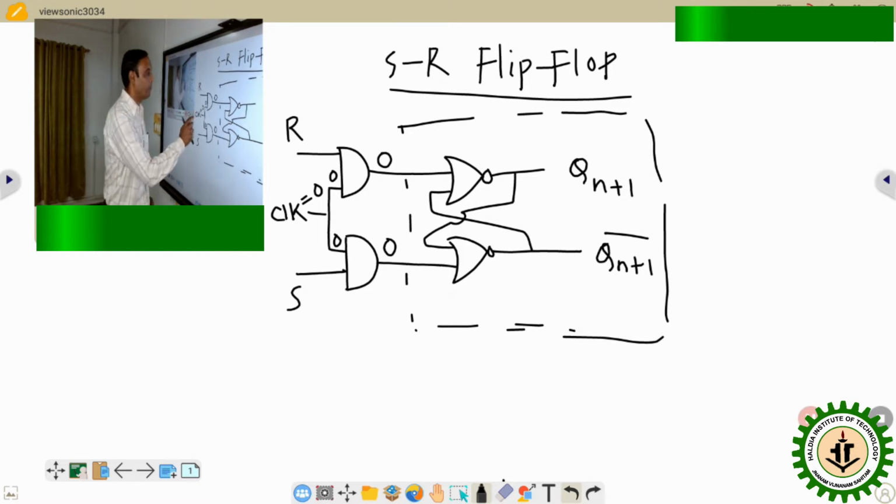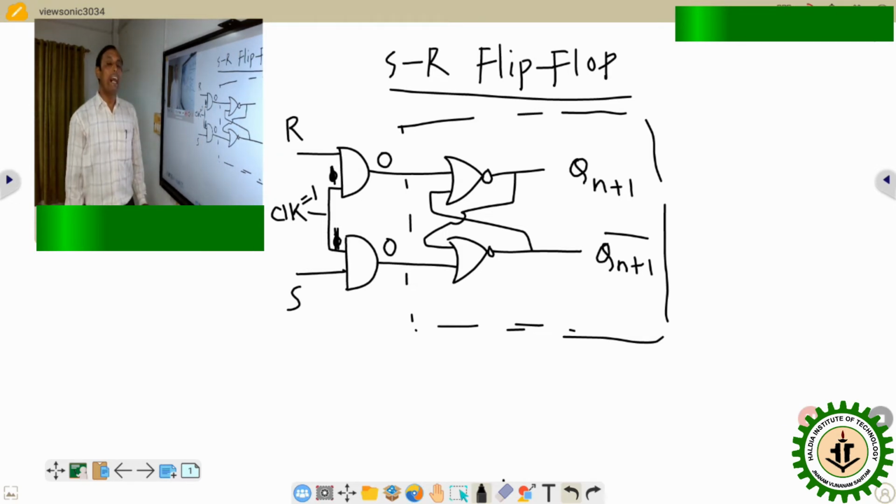But whenever we provide clock 1, then this value will be 1 and this value will be 1. Now whenever one input of an AND gate is 1, we can't say what the output of that AND gate will be until we know the second input of that AND gate. So whenever these two inputs are 1, it depends on the R value and S value. The output of this AND gate depends on the S value and R value.